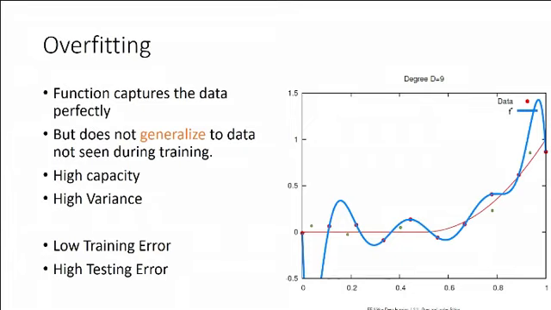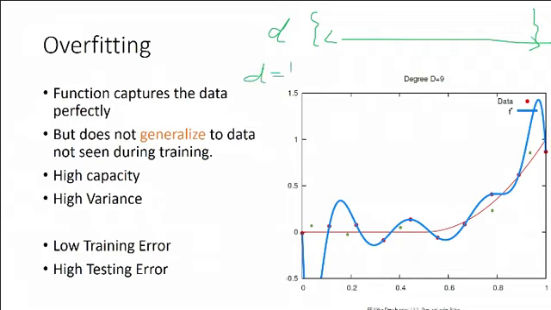By increasing my degree D, what I've done is actually increased the set of functions that could be represented. If my degree was equal to 1, I could only have linear functions.